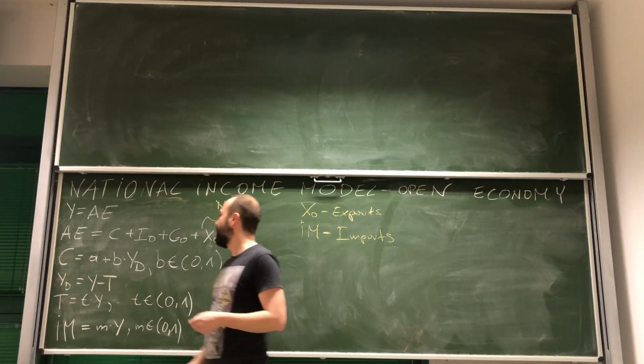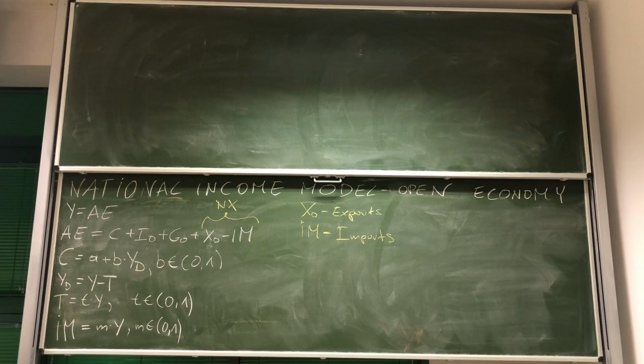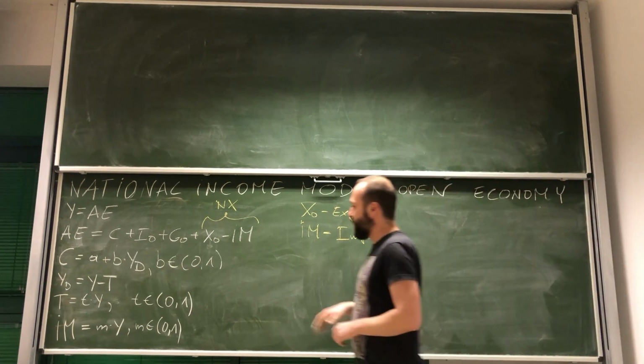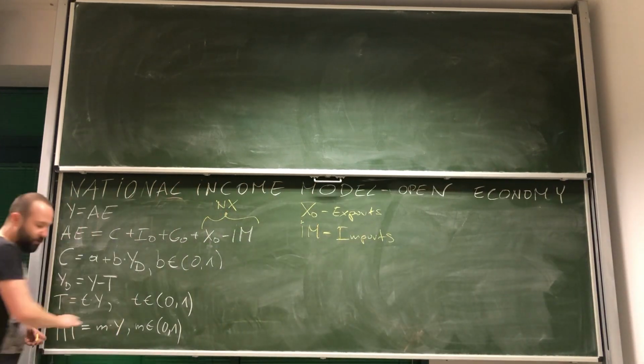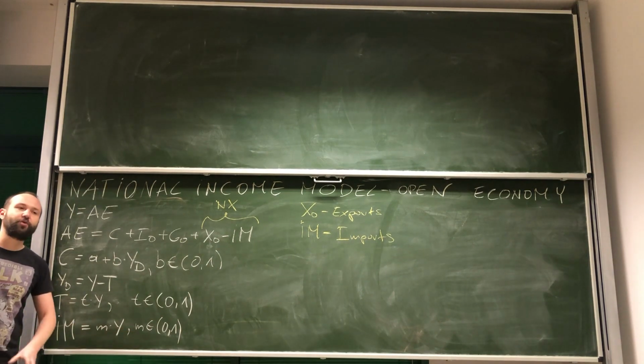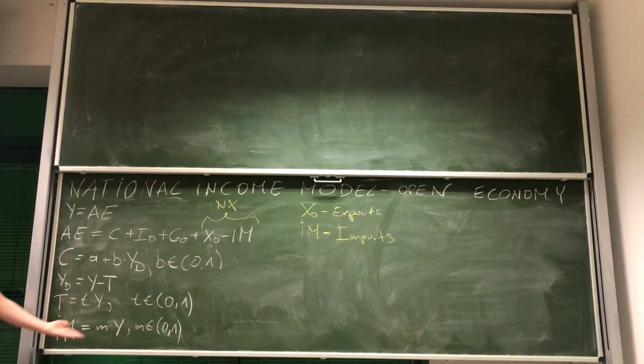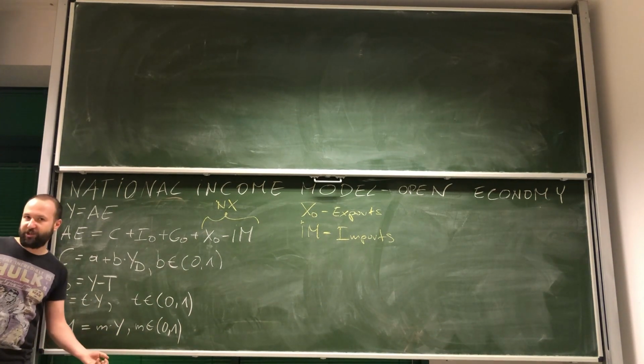This is the new equation, the sixth equation added into the model. And look, imports are equal to m times y, which means that they are a function of income. This is actually a function showing us how imports depend on the level of income. So this is a behavioral equation.